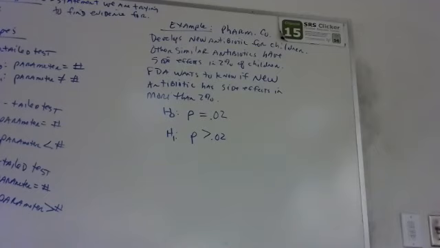A company purchases a new machine and hopes for less variation. Find the null and the alternative hypothesis. So Kyle, it must be your turn.